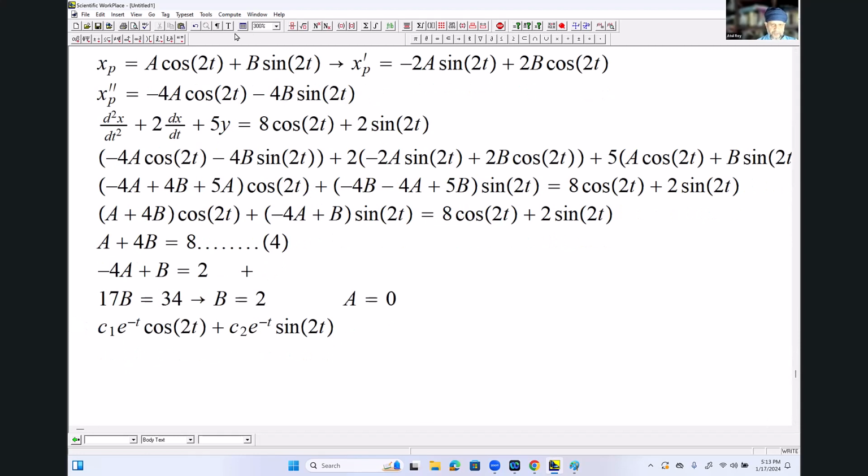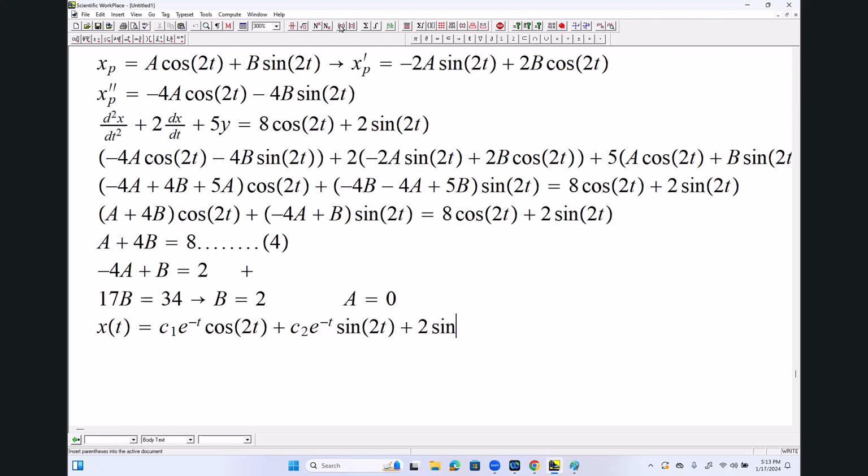And then here we have x(t) equals this, plus b was the coefficient of sine, so sine 2t, right? Are we good? Okay.